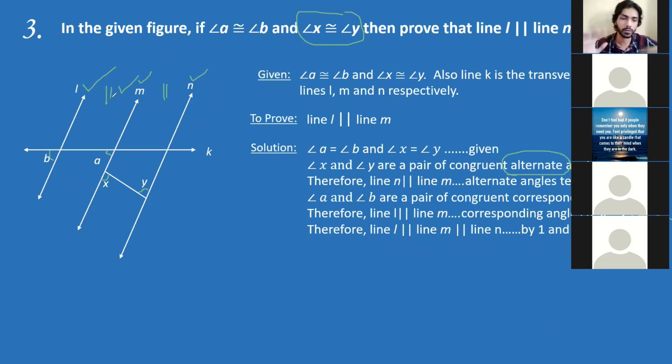Think about it, folks. Object 1 is equal to object 2, object 3 is equal to object 2, then obviously object 1 will be equal to object 3. It is known as the property of transitivity. If you haven't learned it, then today you have learned. So by using the property of transitivity, I come to the conclusion that line L is parallel to line N.